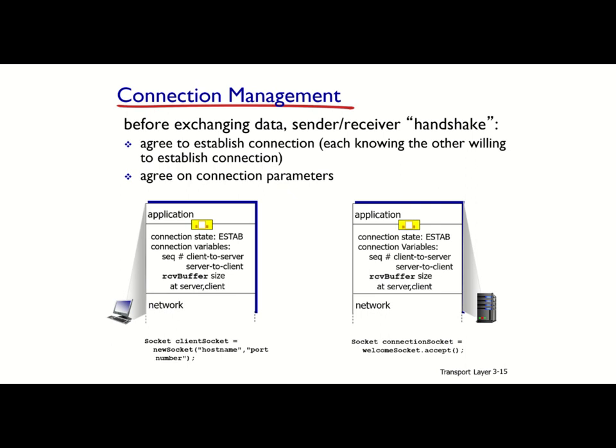Every TCP connection has a number of parameters, for example RWND, that both sides have to agree on. So before exchanging data, sender and receiver must handshake so that they can agree to establish a connection and agree on the connection parameters.